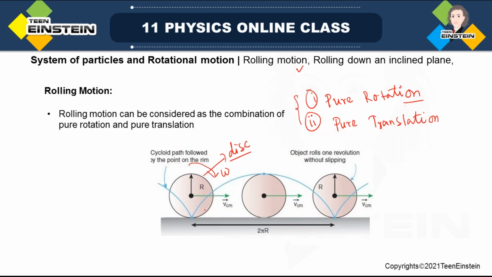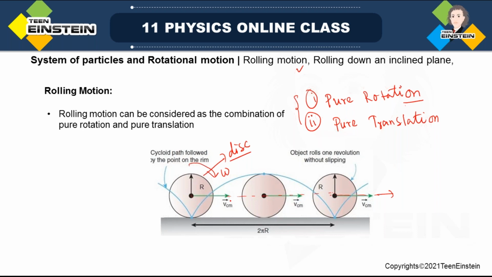Now look, in this case, when this disk is rotating, at the same time the center of mass of this disk is translating along this line. You see this one and this one. If you add this line, it is parallel to the horizontal surface.